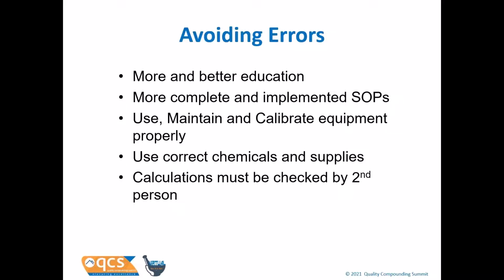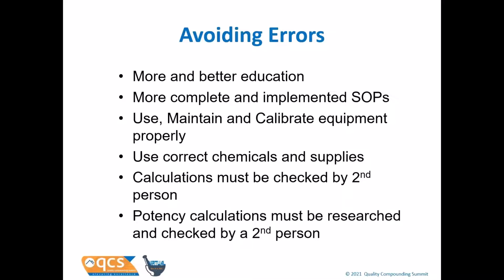Now, as I mentioned, calculations are the #1 area where errors occurred. All calculations must be checked by a second person, and potency calculations must be researched and checked by a second person.